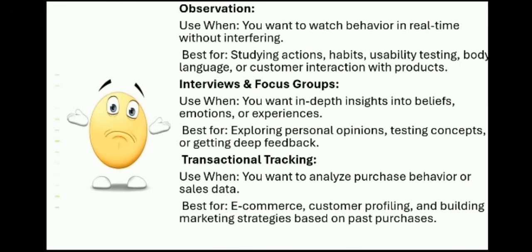It tells you what they buy, how often, and what they might want next. Now, let's say you are looking for deep personal insights, then you should go for interviews or focus groups. This will help you understand what people truly think or feel. And it is best for exploring personal opinions, testing concepts, or getting deep feedback.